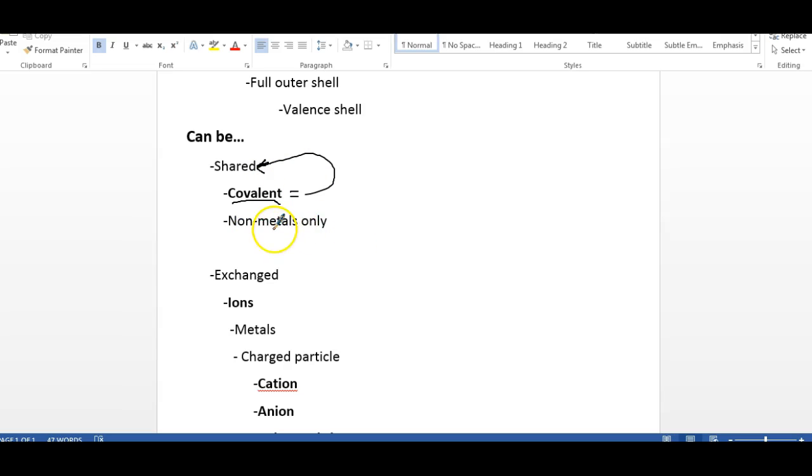Now covalent compounds only form, they only share when they're non-metals. So if you look on your periodic table, you start looking where carbon is, and that's going to be group 14 to group 18.